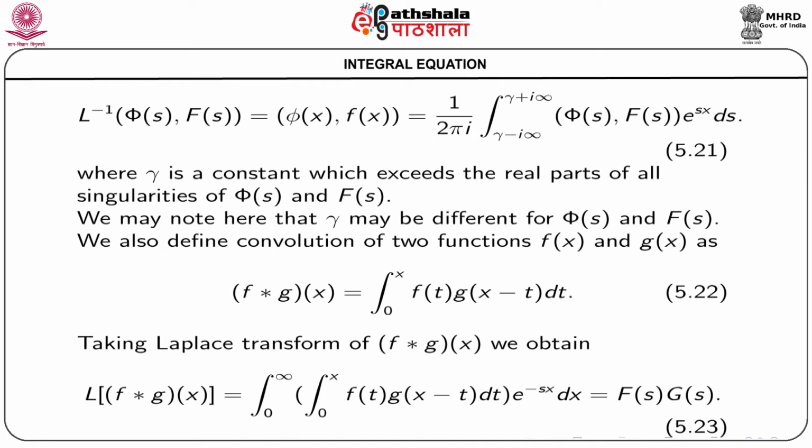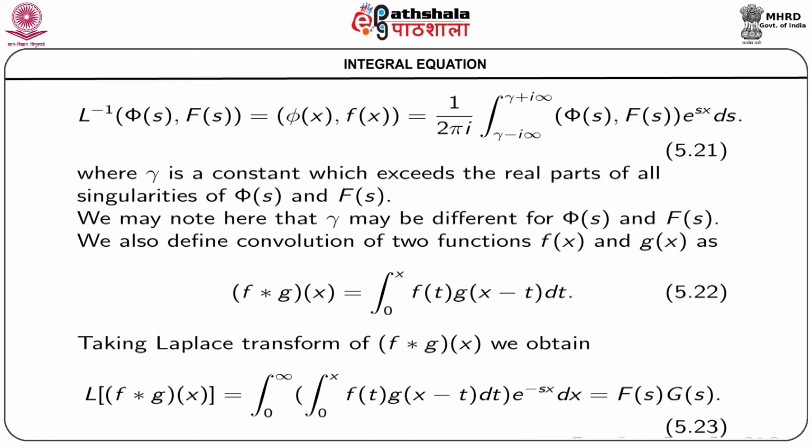Next, we define convolution of two functions small fx and small gx as integral 0 to x ft gx minus t dt, and this is denoted by the notation f star g x as given in equation 5.22.